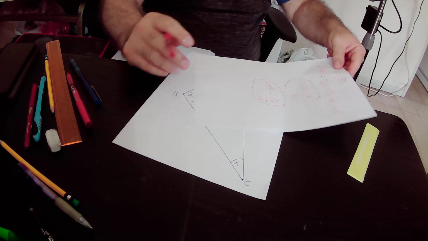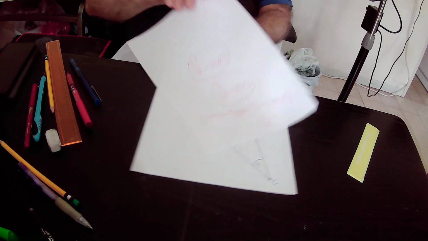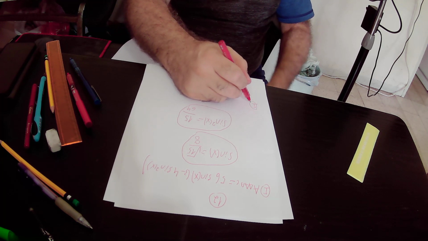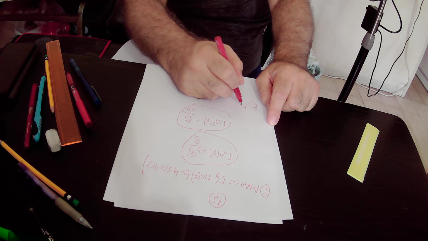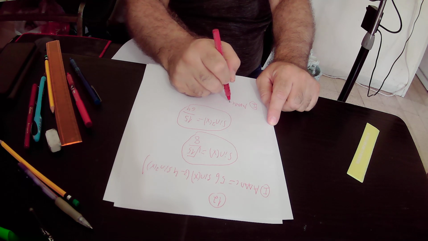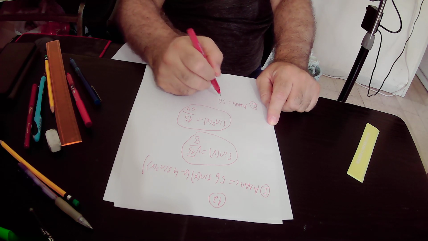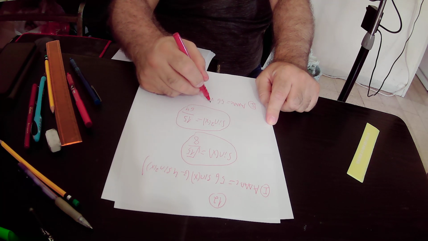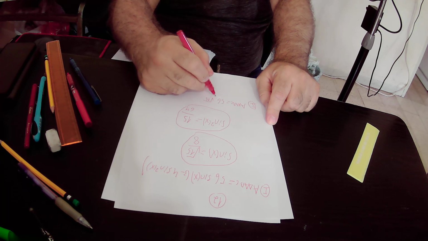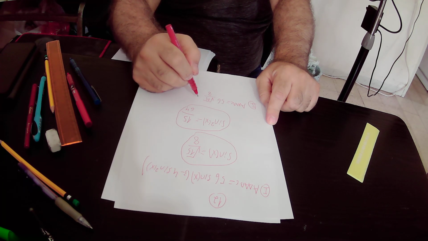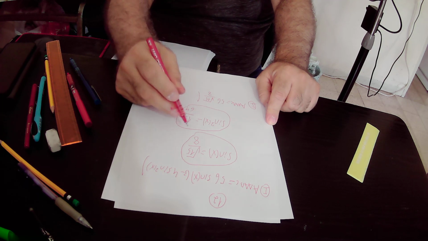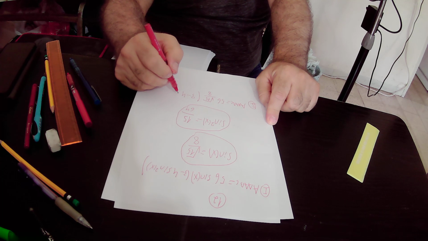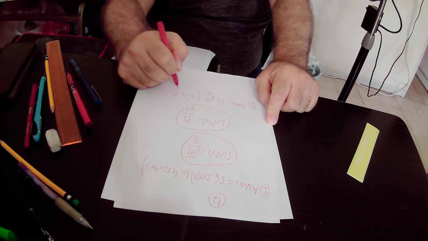Okay, and we will get that the area of triangle ABC equals 56. Sine x is root 15 over 8. Three minus 4 sine square x, where sine square x equals 15 over 64.